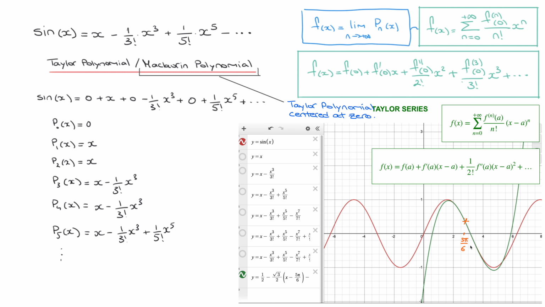And last but not least, hopefully you're walking away from this video with a solid understanding of the fact that Maclaurin polynomials and the Maclaurin series should only be used when approximating functions for values of x which are close to 0. For any other value of x, we should be turning towards Taylor series and Taylor polynomials centered at that value of x. All that being said and done, that's it for this tutorial.